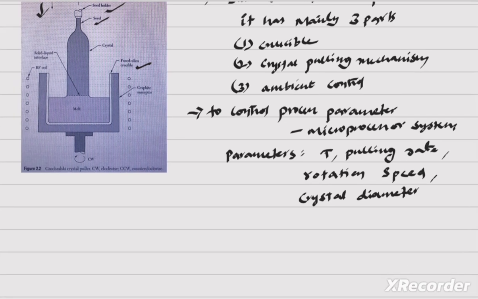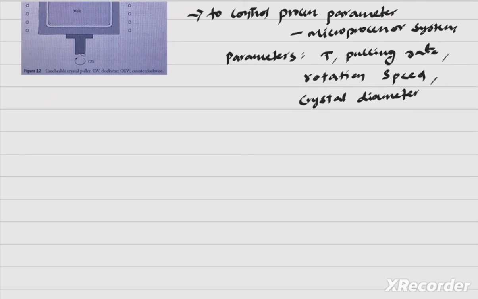These are a few process parameters we can control to closely achieve uniform single crystal silicon from the Czochralski technique. How this mechanism works, here we can see the mechanism for single crystal silicon growth.